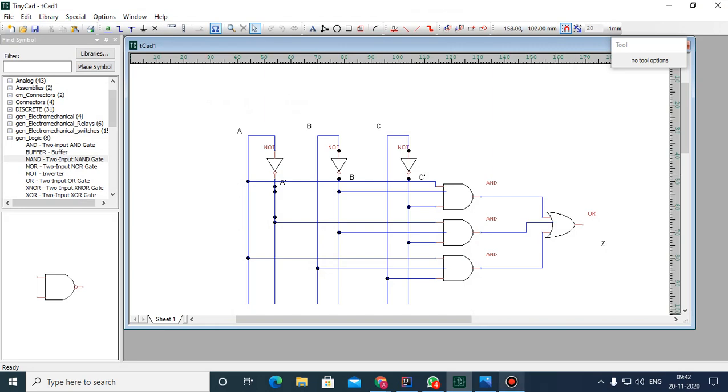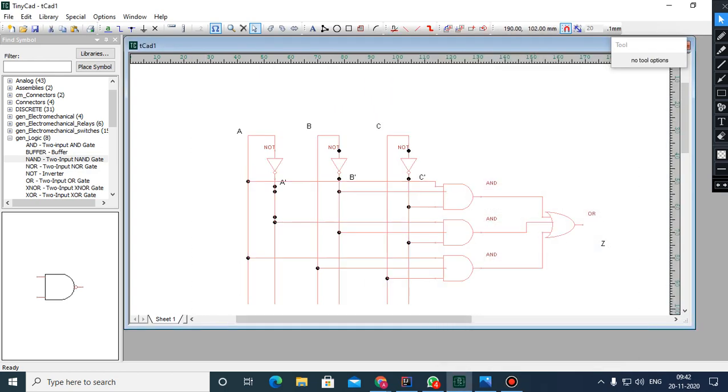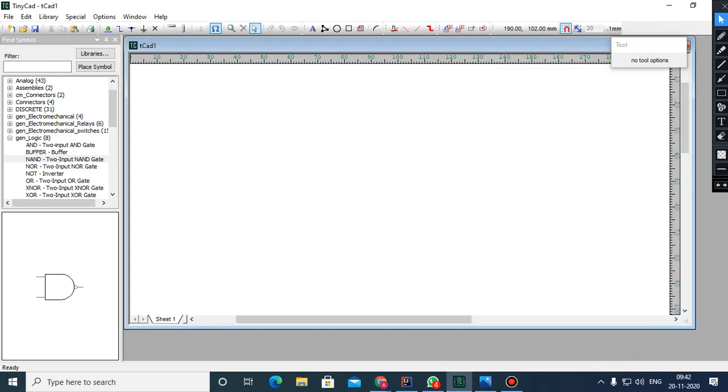One thing I would like to tell you, children: suppose I am writing one expression here which is a SOP expression, A complement B plus A complement B complement.